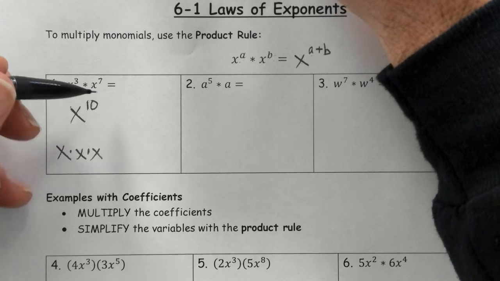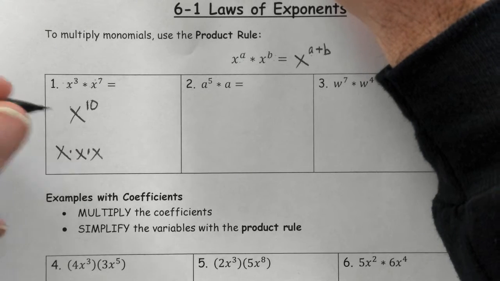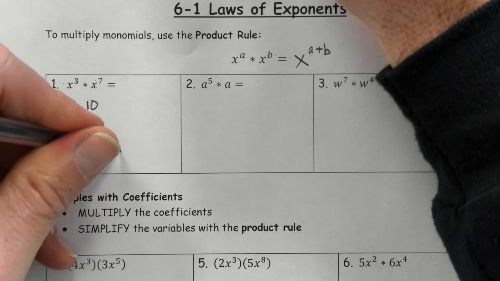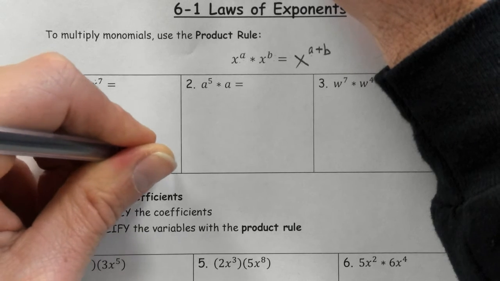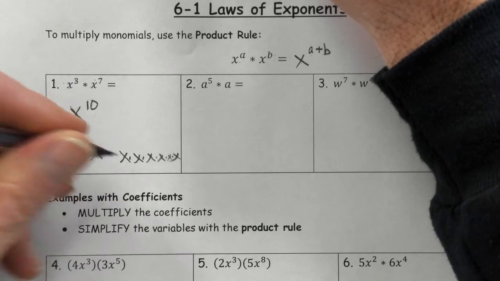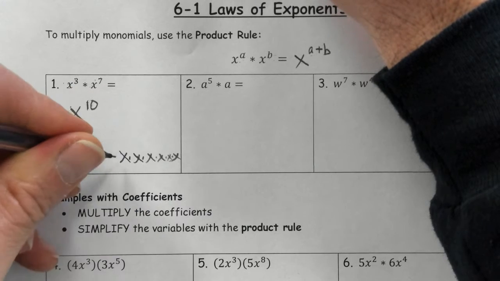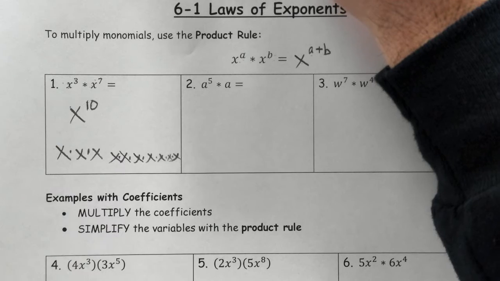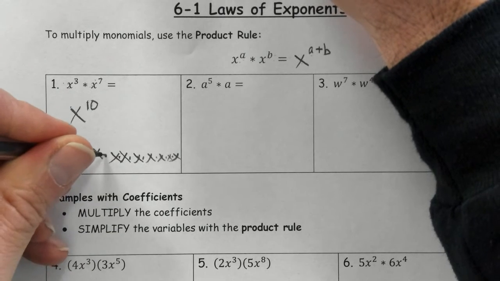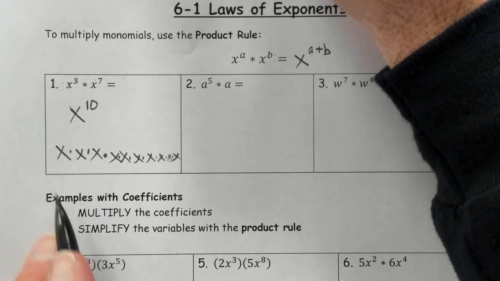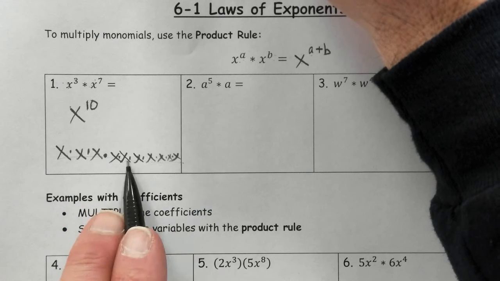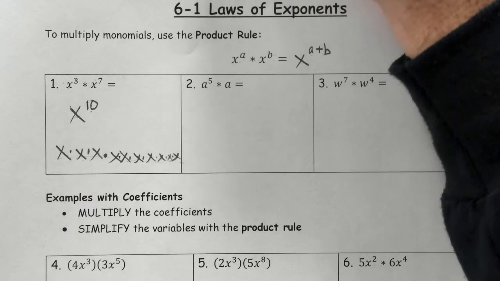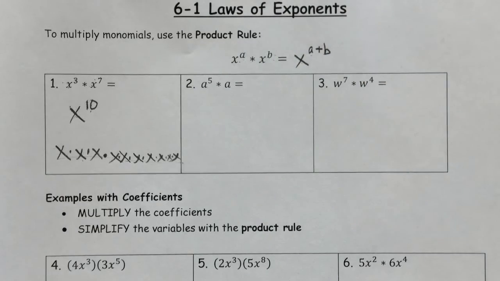And what does x to the 7th really mean? x times itself 7 times: x times x times x times x times x times x times x. Is that 7? 1, 2, 3, 4, 5, 6, 7. So when I take these two quantities and multiply them together, how many times is x being multiplied times itself now? Well, 7 plus 3 makes x to the 10th power, and that's why the product rule works the way that it does. All right?